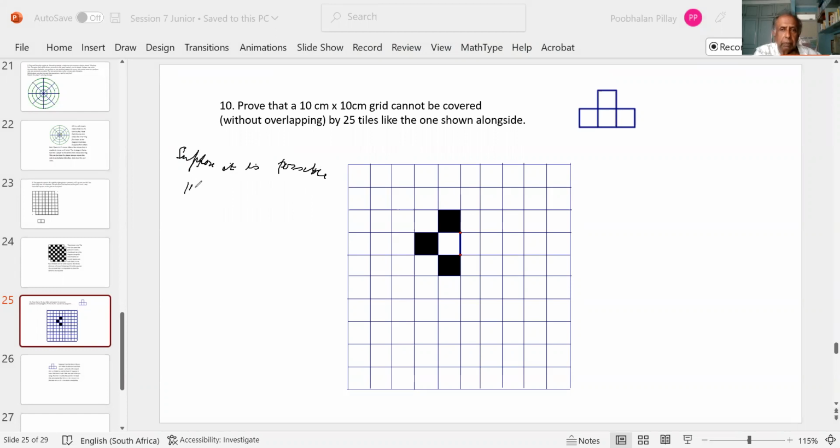How many tiles are used? Well, each tile has got 4 squares, and you've got 100 squares altogether, 10 by 10. So you would have used 25 tiles.